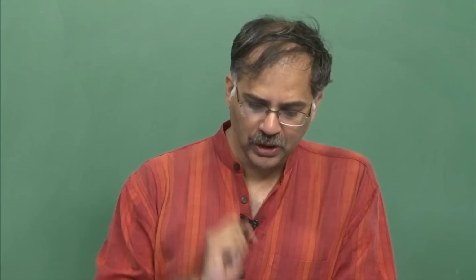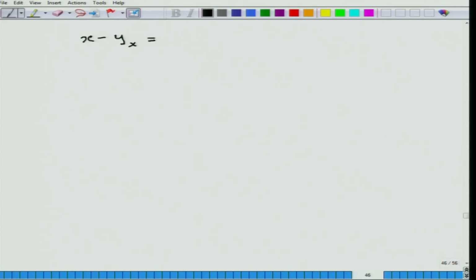So, if I talk about the normal cone, you now see how that idea of normal cone comes. Now, this x minus y x, this term, if I write it as v, then I have this expression.